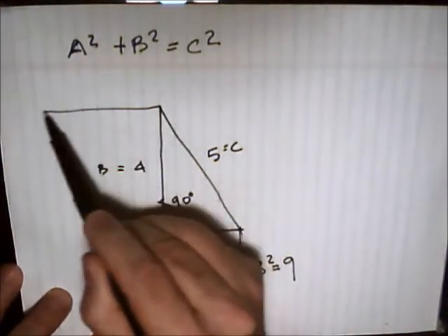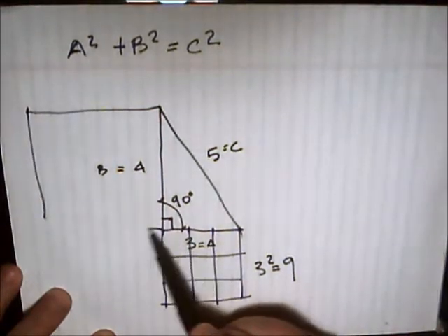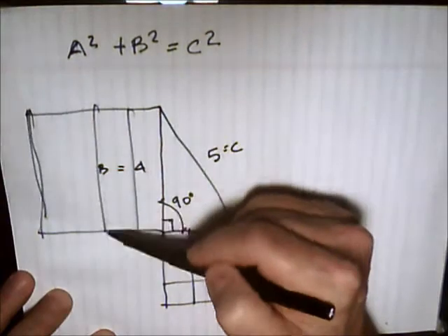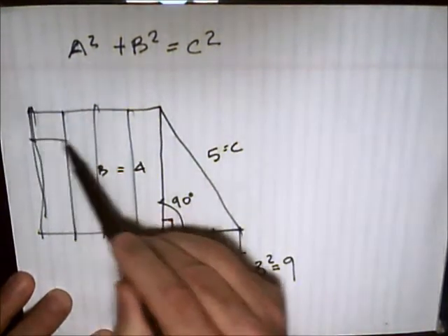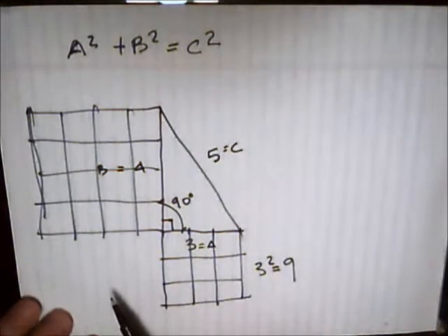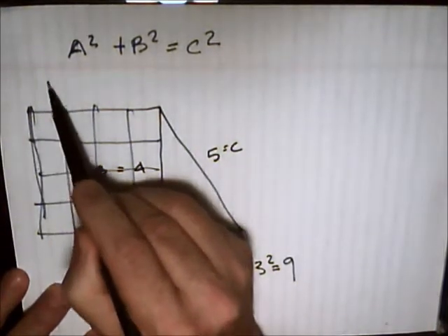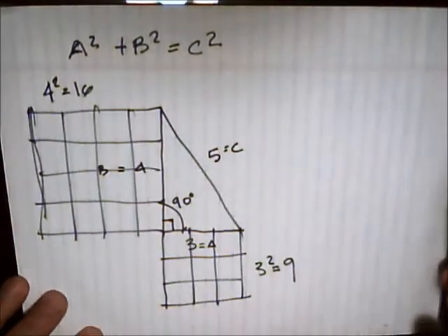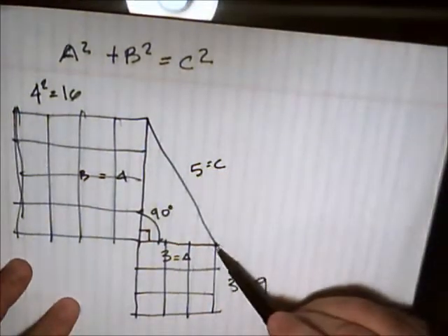Same over here. We're going to take the 4 and square it. If you count the squares, you get 16. 4 squared equals 16. And then we come to this side.